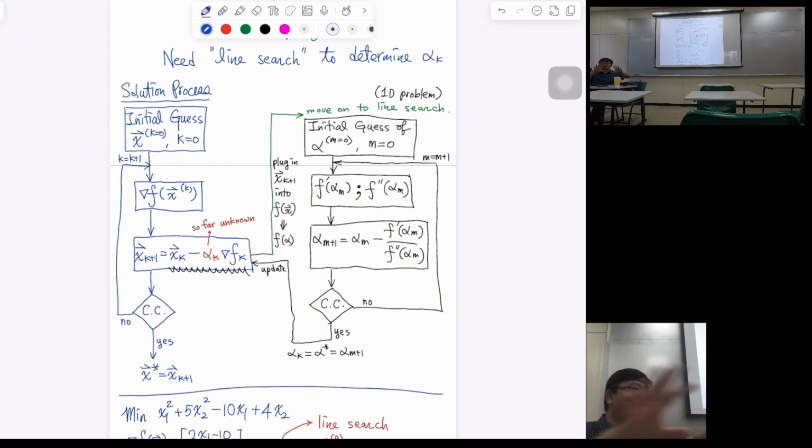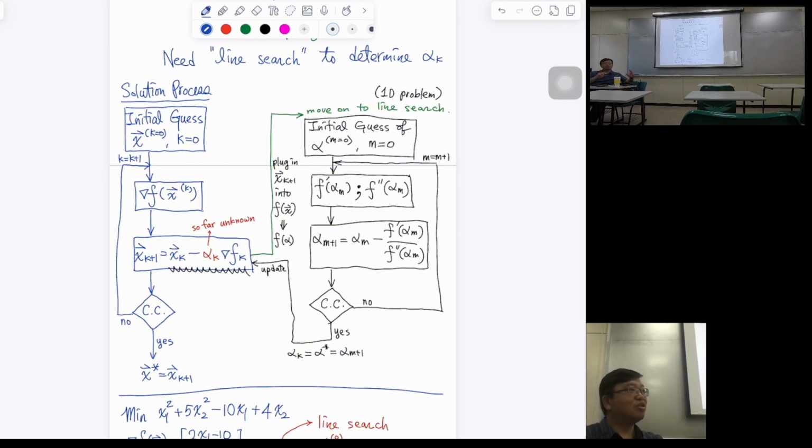So you will have a bunch of constraints. So how do you find the lowest weight design while at the same time satisfying the criteria? That's basically an optimization process.